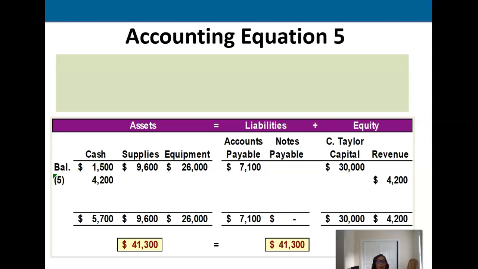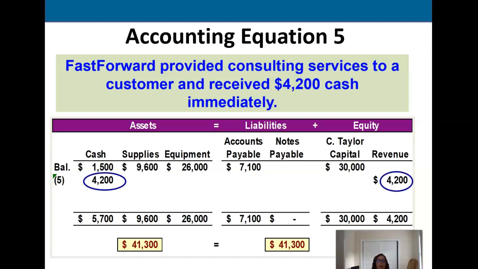Now we have $4,200 more than we did before we performed that service. So our cash went up, it's now a total of $41,300. And our revenue also caused the right side of the equal sign to go up. We are still in balance.